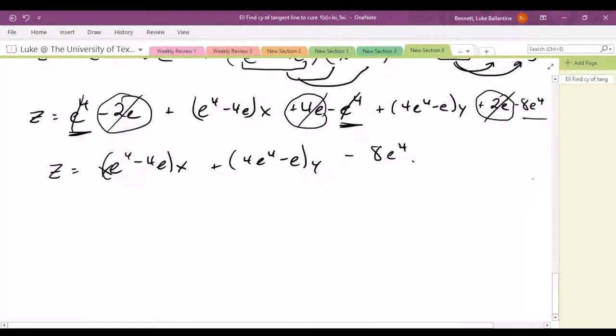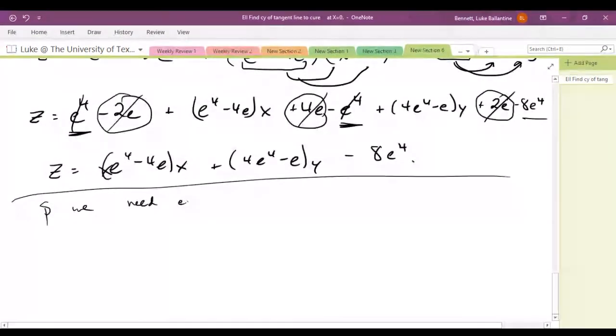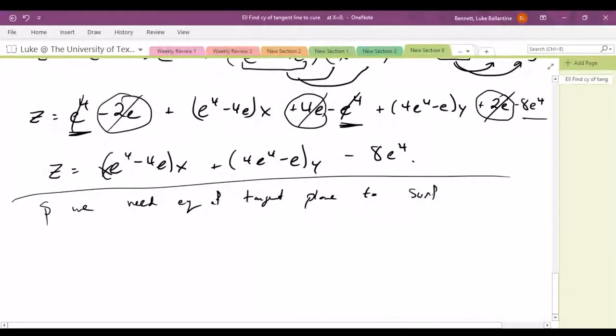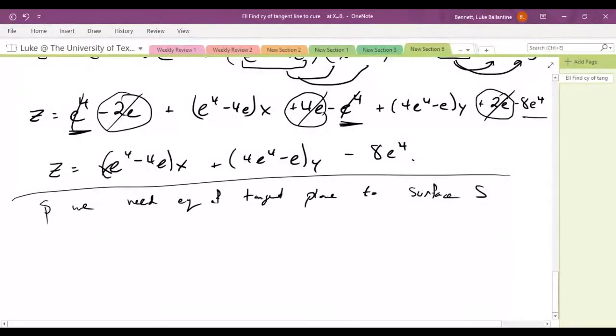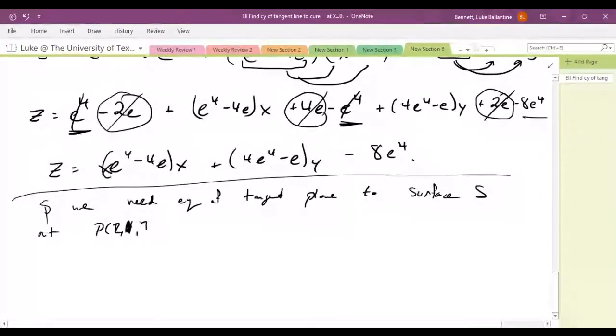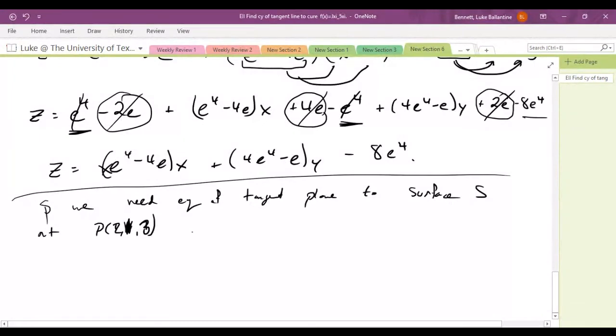Let's see, okay. Suppose we need the equation of the tangent plane to surface S at P, 2, 1, 3.